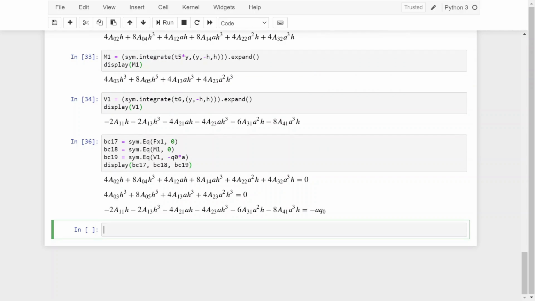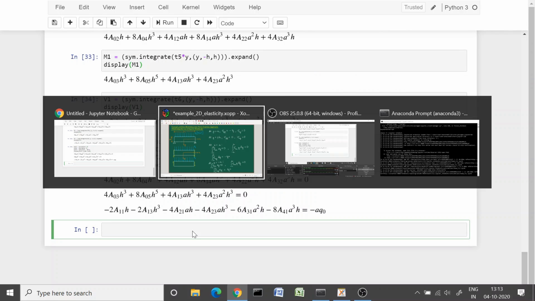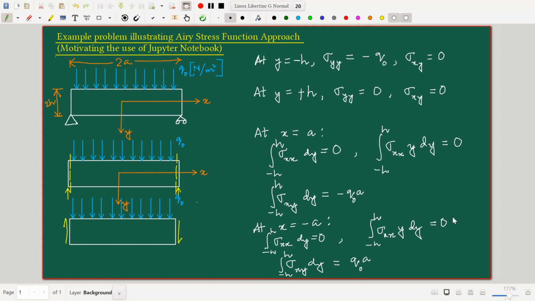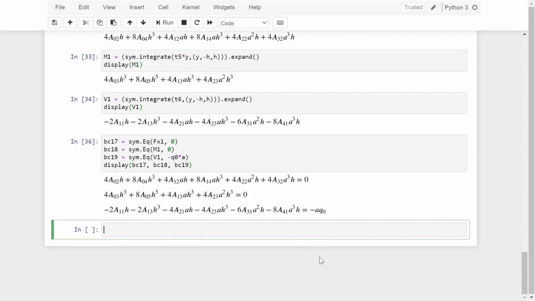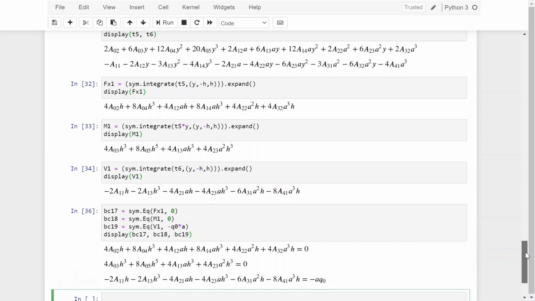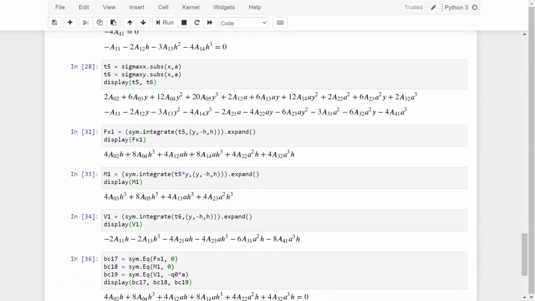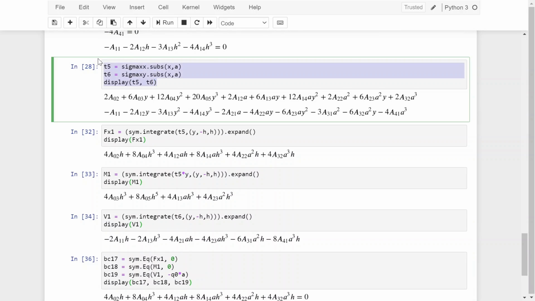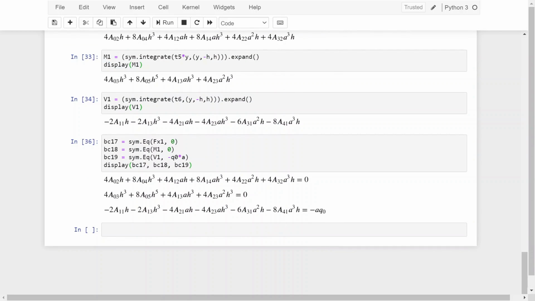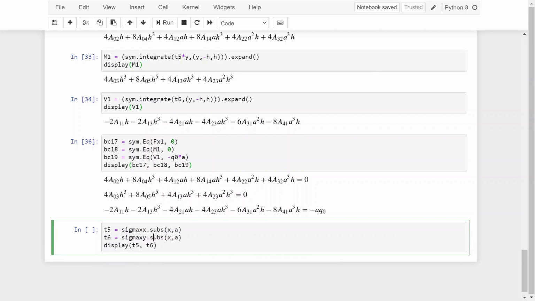All right, so the last edge is the left vertical edge at x equal to minus a, and we quickly take a look at that. So the first two conditions are exactly like at x equal to a, and the third one is just having a q naught a instead of a minus q naught a. All right, so what we are going to do here is, we can copy paste from here, but you have to be careful with the numbers that we write down, otherwise it's going to be a horrible mess.